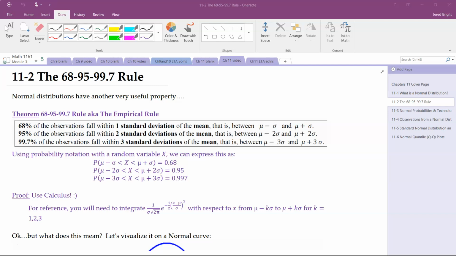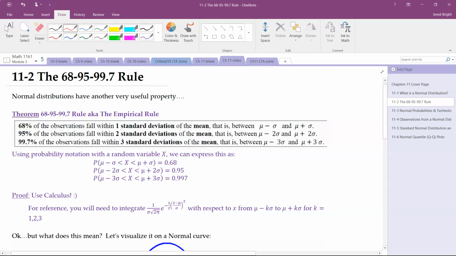But the idea is that if we go out one standard deviation from the mean in either direction, from the left standard deviation to the right standard deviation, there's 68% of the data. If we go out two standard deviations to the left all the way to two standard deviations to the right, then that's the 95, and 95% is in that range.